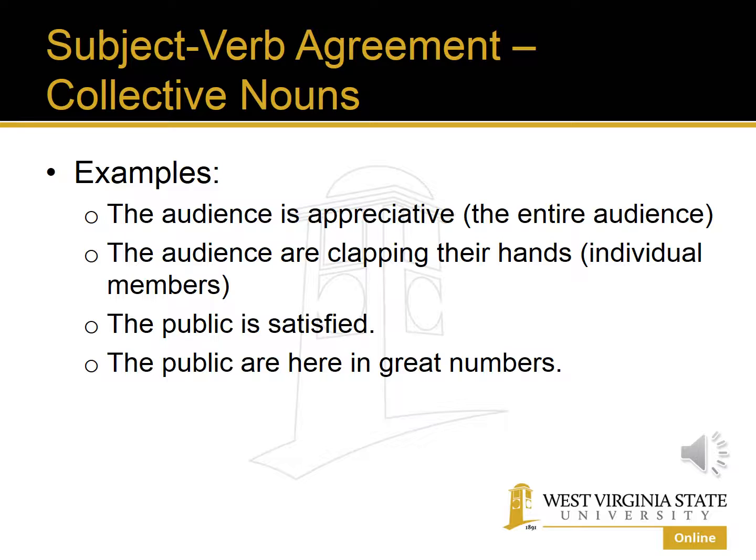However, if we were counting individual members of the public, then we would use the plural, as in this sentence. The public are here in great numbers. By using that verb are followed by great numbers, we're giving the impression that we want to approximate or count how many people are there in the public arena.